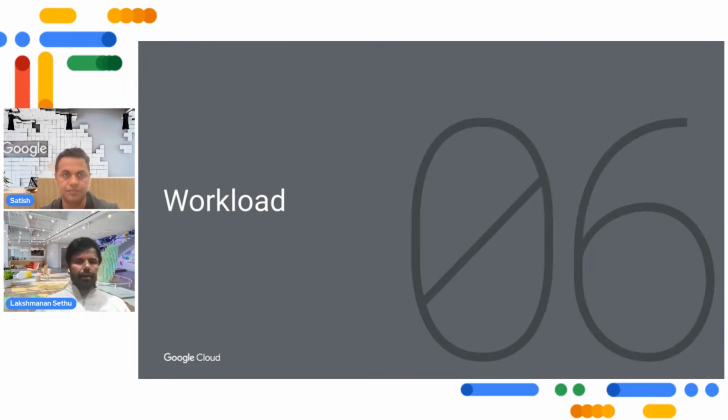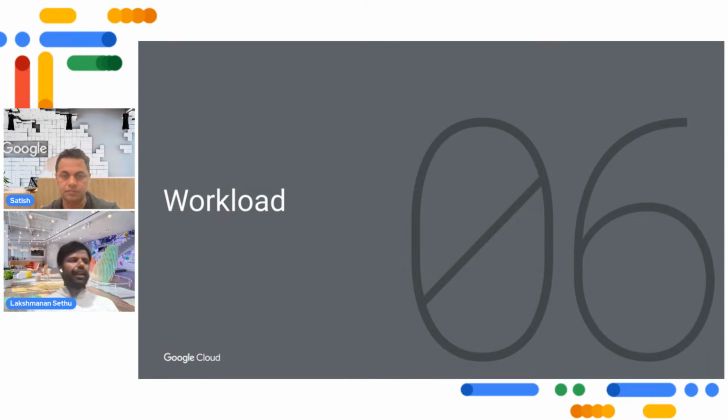Next is, what are the workloads, right? When you say you lock down infrastructure management of nodes, the question in anybody's mind is how do we ensure that all workloads are possible? As we already mentioned, 99% of the workloads which you run in standard Kubernetes GKE are all possible with GKE Autopilot.